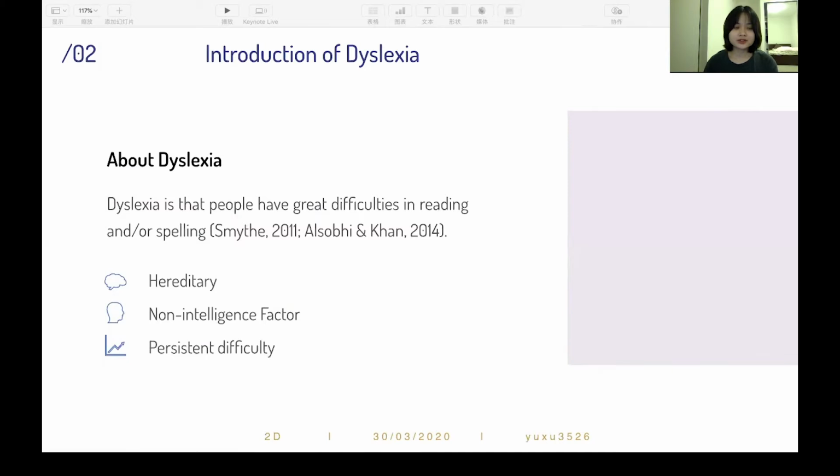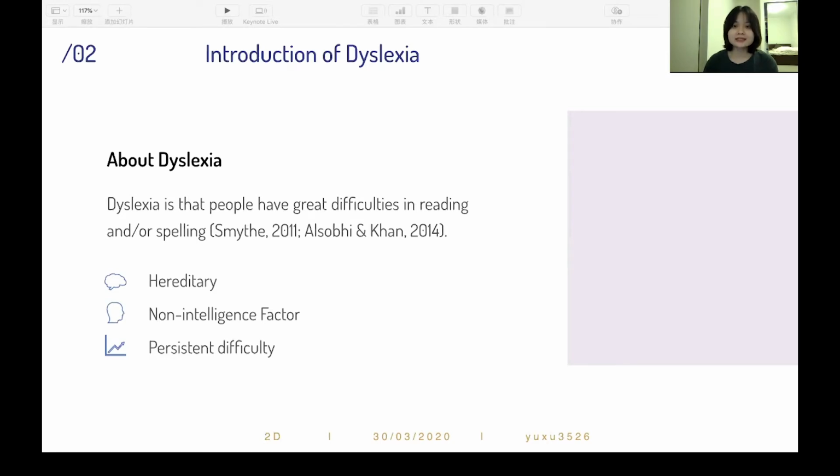There are some features of dyslexia. The first one, dyslexia is often hereditary. According to data from the Understood organization, when children suffer from dyslexia, 49% of their parents also have dyslexia.